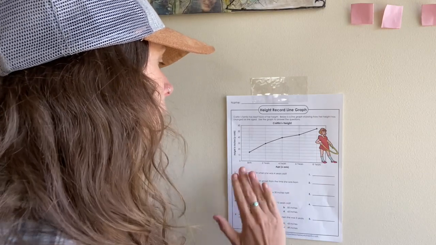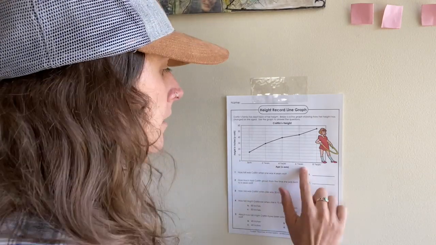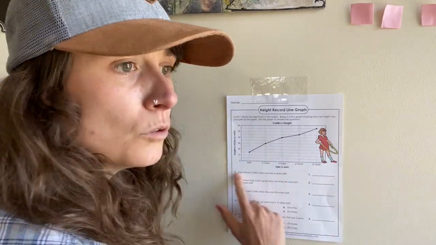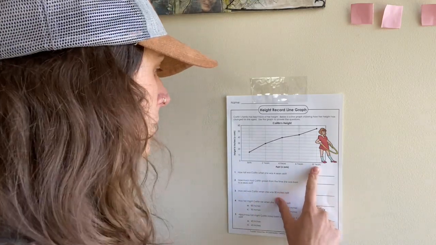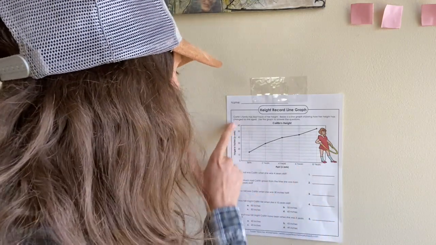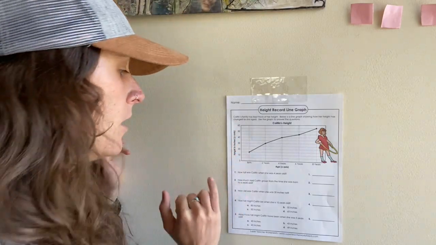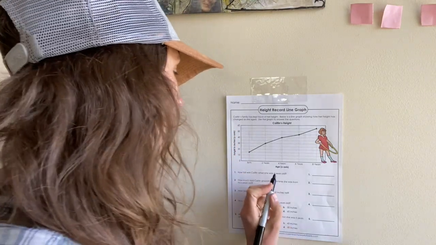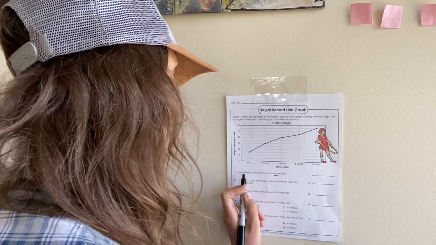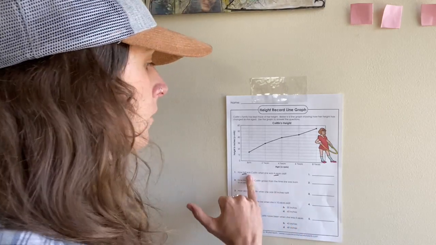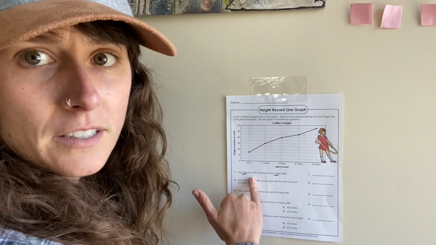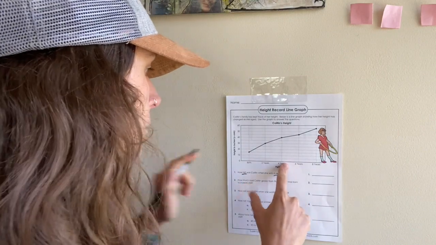All right. So let's see, we want to find out how tall was Caitlin when she was 4 years old. On our x-axis here, we have how many years old she is, so we have her age. And on this y-axis, we have her height in inches. So our question was, how tall was she when she was 4 years old? First thing we want to do is find when she was 4 years old.